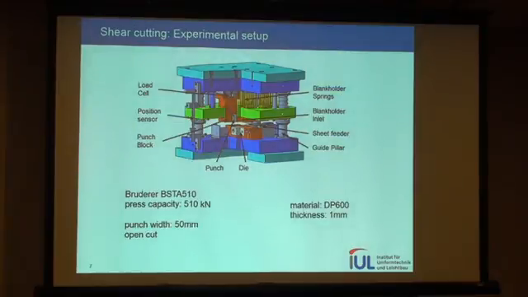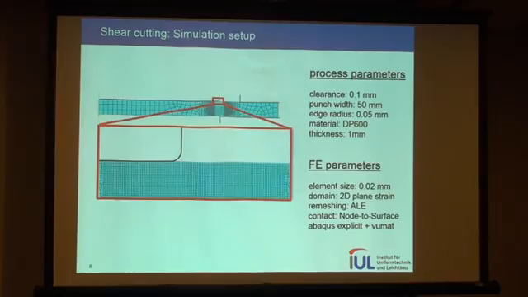The experiments our colleagues in Munich did, the tool for that are shown here. We had a punch width of 50 millimeters. So this process is a process with an open cut, contrary to punching or piercing with a closed cut line. The simulation setup was built in Abaqus Explicit.